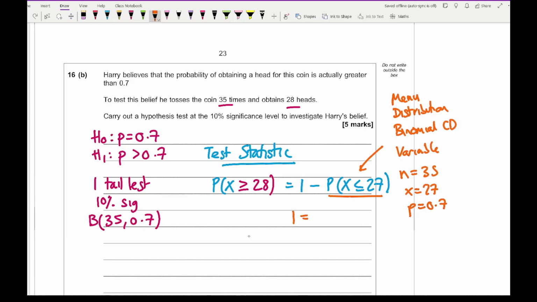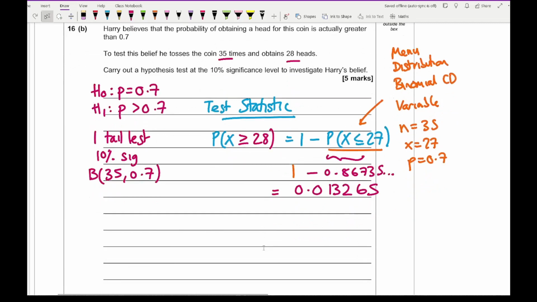Once I've pressed equals, I should get the probability of x is less than or equal to 27. Let me enter that in now, and I get 1 minus, and this answer here is 0.86735, and it carries on, but you take that away from 1. Then if I do just that, I get an answer of 0.013265, or a number that's roughly around there.